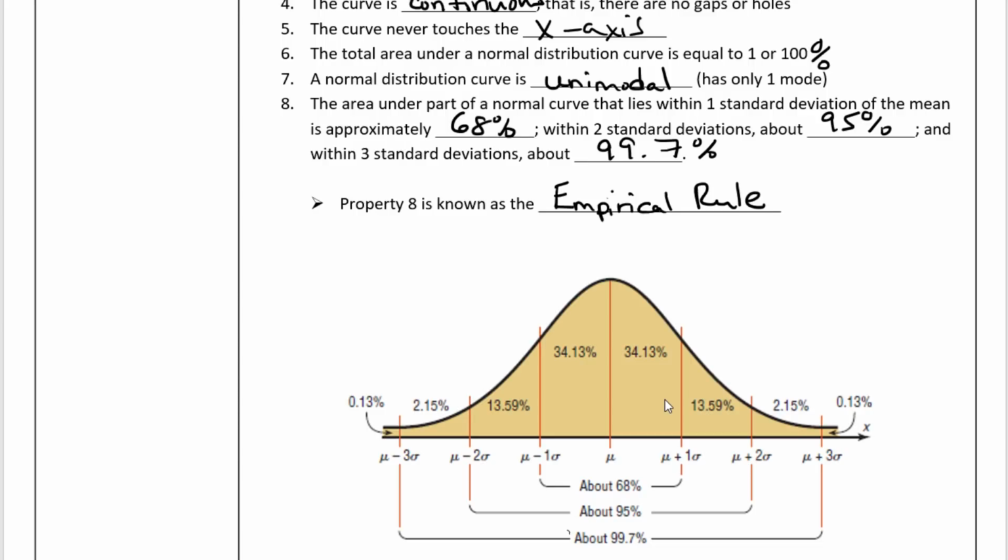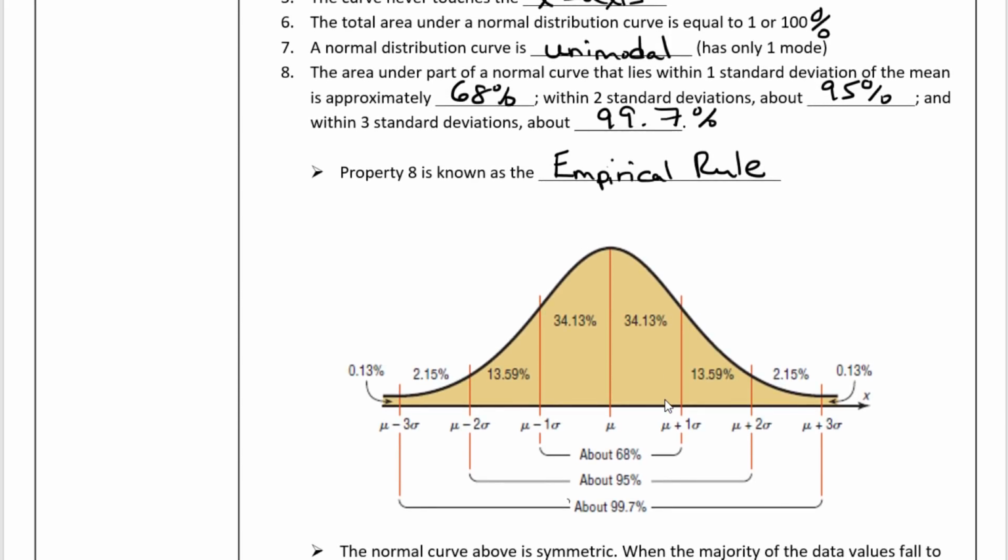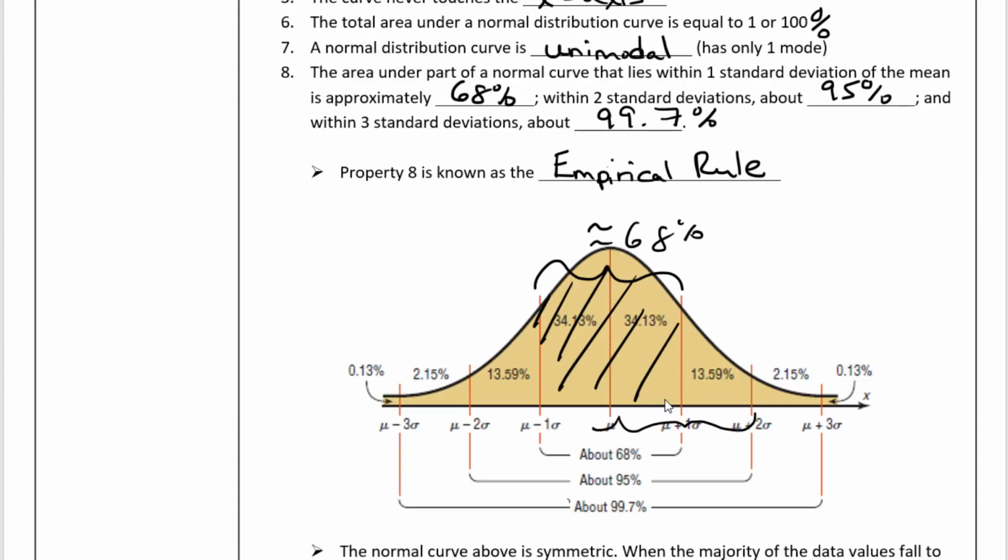All right, so this is pictured below. The mean is in the middle, which is mu. If you were to go 1 standard deviation on each side, then you would have an area under the curve equivalent to 68%. 34 plus 34, so approximately 68%. If you start in the middle and go 2 standard deviations on each side, then you're going to cover about 95% of the curve.